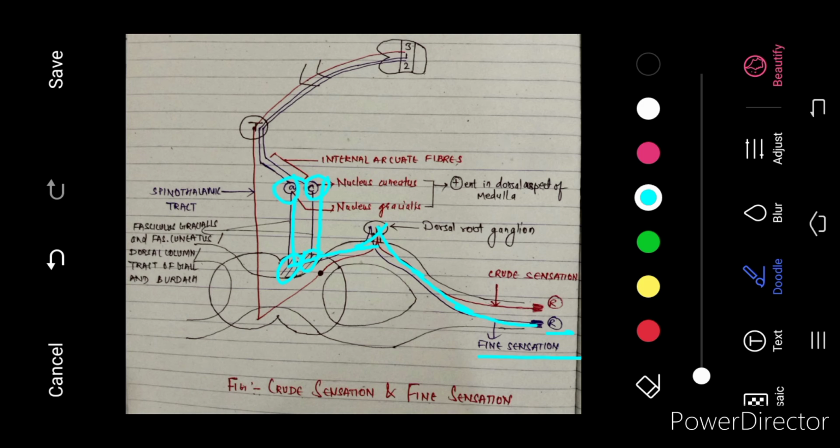The nucleus, as we know, is the collection of cell bodies.